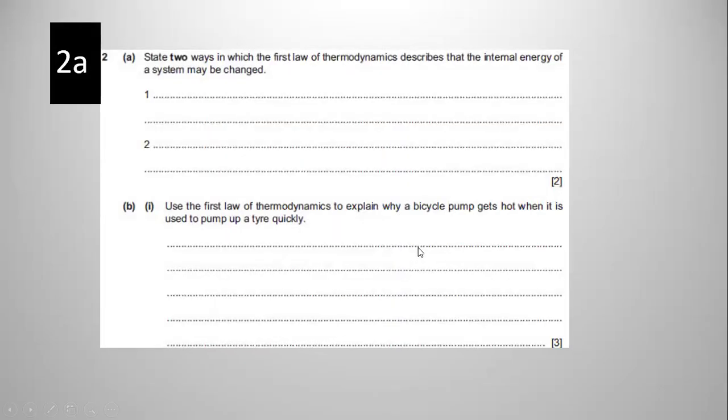State two ways in which the first law of thermodynamics describes the internal energy of a system may be changed. Okay, want to try? How do you change the internal energy according to the first law of thermodynamics?